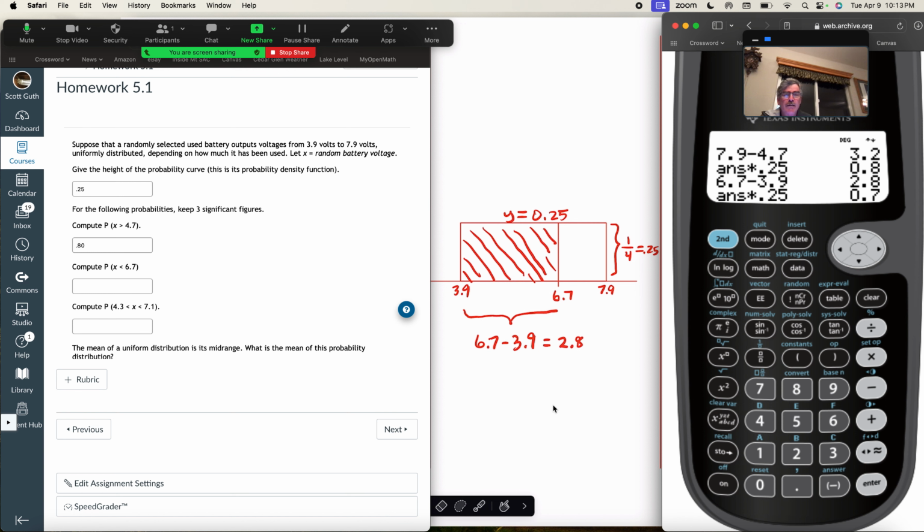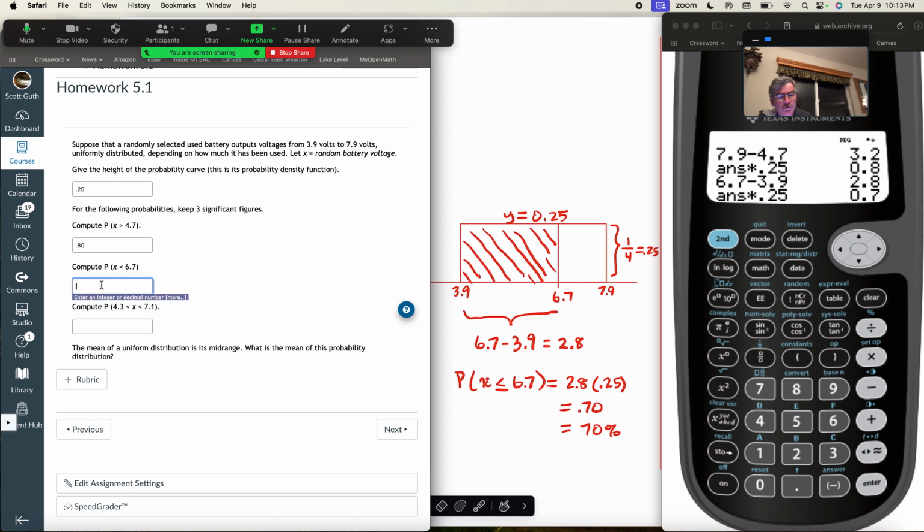Okay, so we'll put that in. The probability that x is less than or equal to 6.7 is going to be base times height, 2.8 times 0.25, which turned out to be 0.7. I'll put a 0 for 70%. Okay, and so we'll put that down here in the answers, 0.70. And then one more.